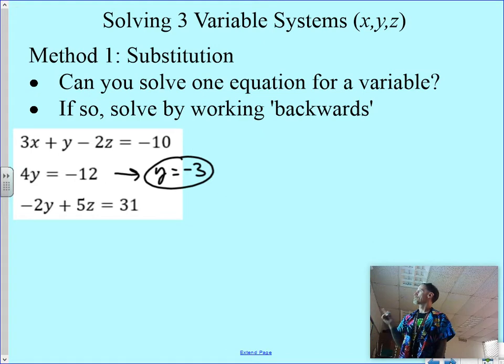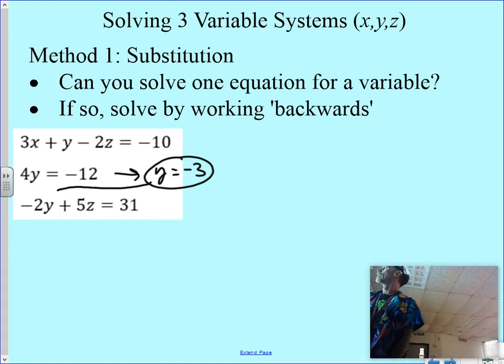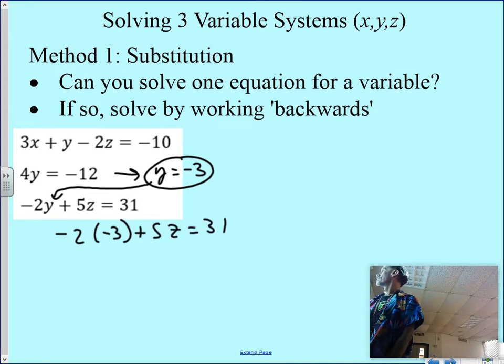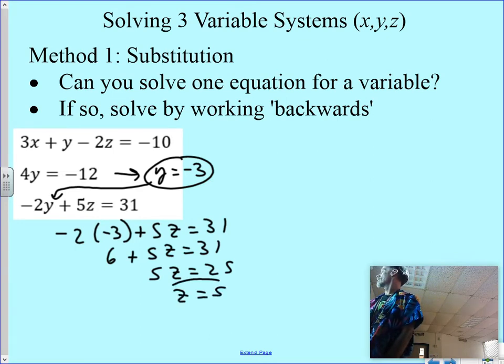I can put the y in the bottom equation and then solve that for z. And again, watch your signs. Subtract 6 from both sides, and then divide by 5. So z is equal to 5.